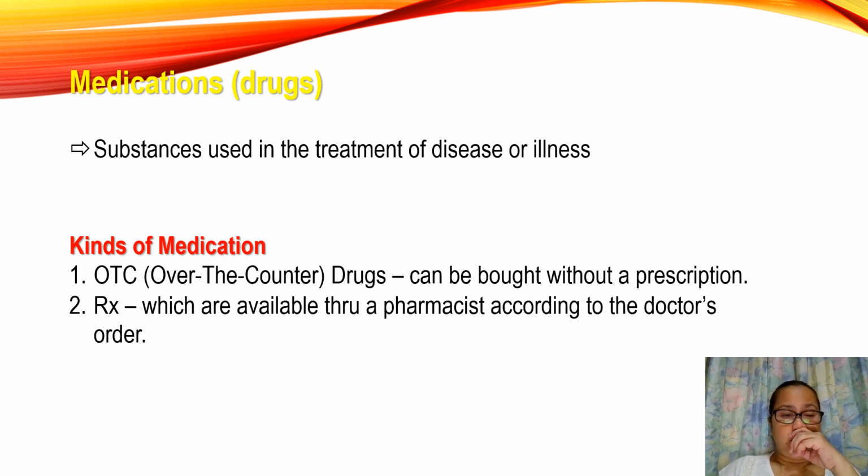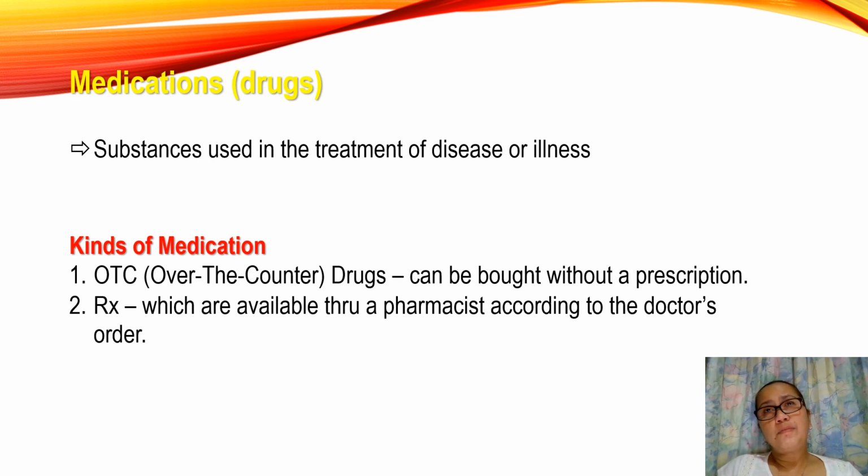Next is RX or your prescribed, which are available through a pharmacist according to the doctor's order. So, what are the prescribed meds? Those mga meds for hypertension, na mga potent ones, and malaki yung mga milligrams, yun po.